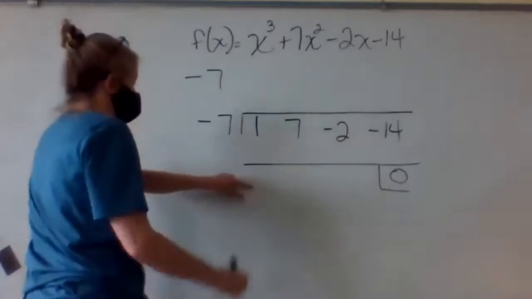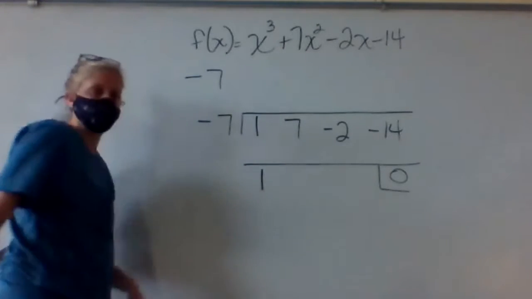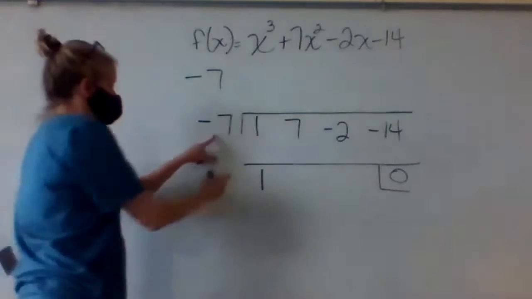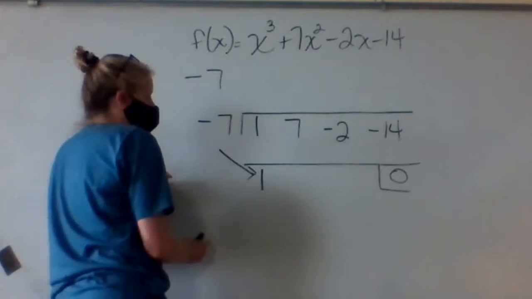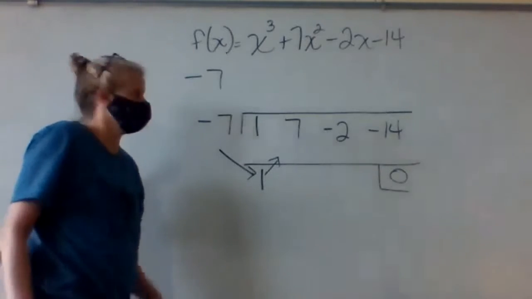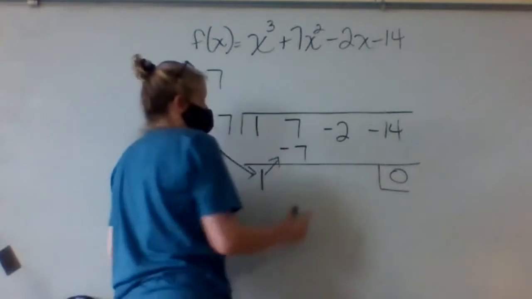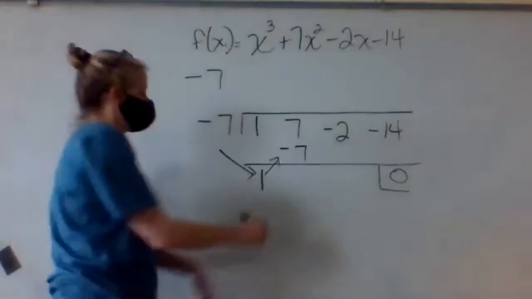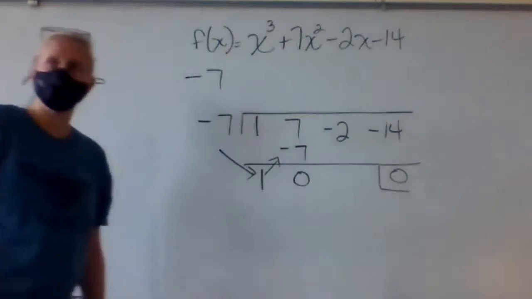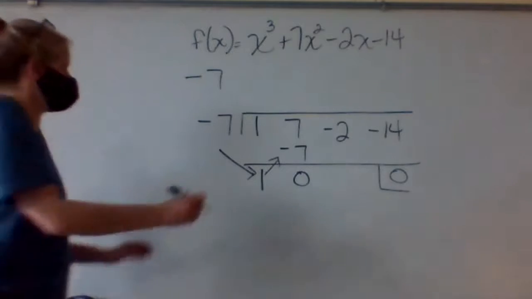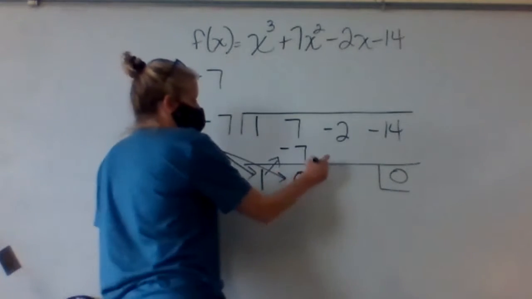So let's see. I drop down my 1. Then I multiply negative 7 times 1. Put your answer there. So negative 7 times 1 gives me negative 7. If I add this straight down, I get a 0. And then do it again. Negative 7 times 0.